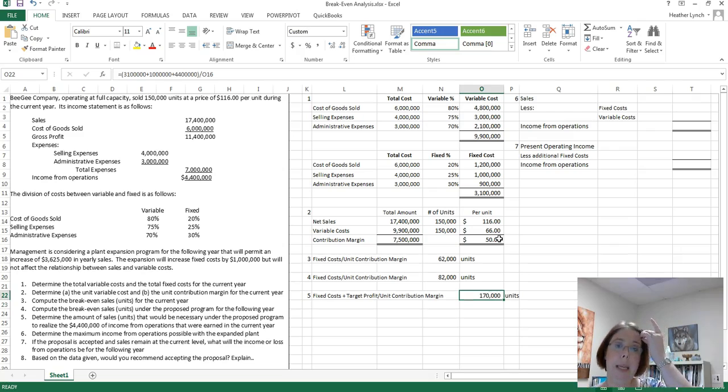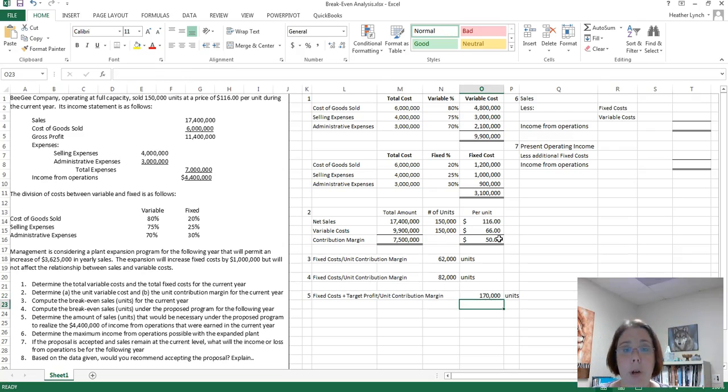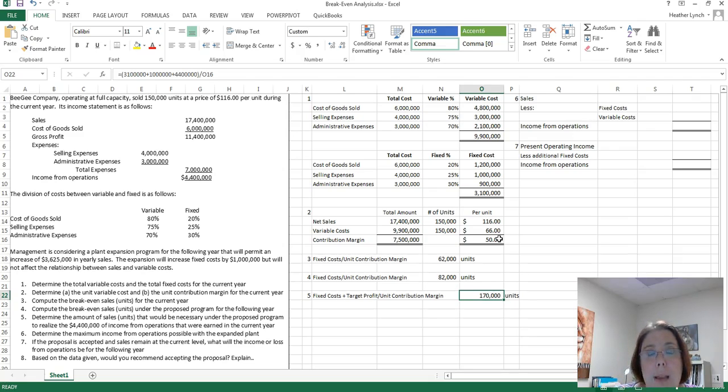Okay, so what this means is we have to produce to have our fixed costs, remember those increased by $1 million, plus we still want an operating profit of $4.4 million. We divide that by our contribution margin, so now the amount of units, we'd have to produce 170,000 units. We were at full capacity at 150,000 units. So that might come into play when we're discussing number 8.